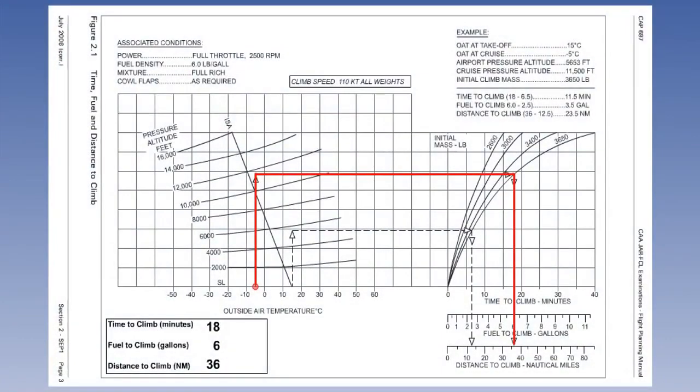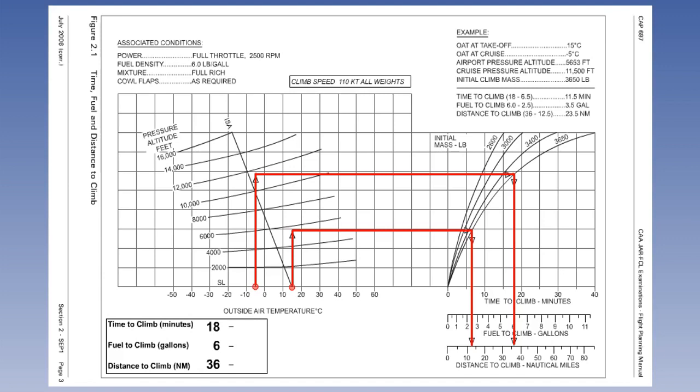So now we start going through the graph again. Enter the graph at the airfield outside air temperature of 15 degrees and go vertically upwards to the airfield pressure altitude of 5,653 feet. Again, interpolate as best you can. From 5,653 feet, go horizontally to intercept the initial mass of 3,650 pounds. Then go down vertically to read the time, fuel and distance as in the last example.